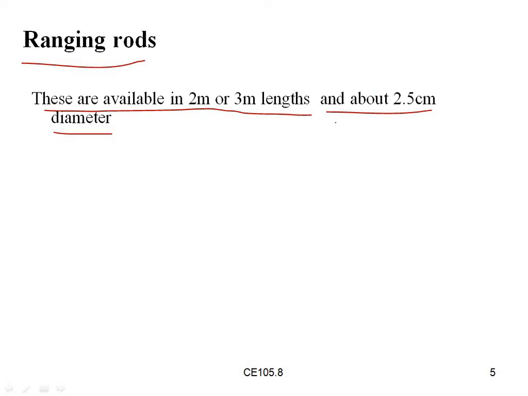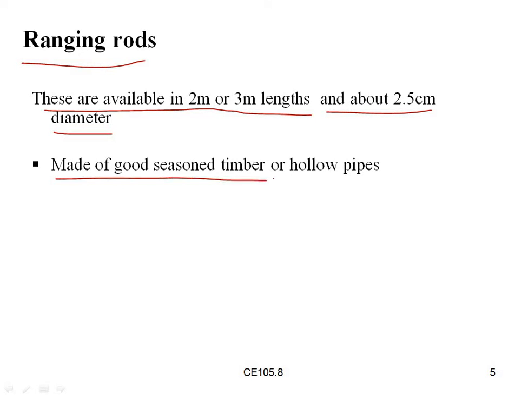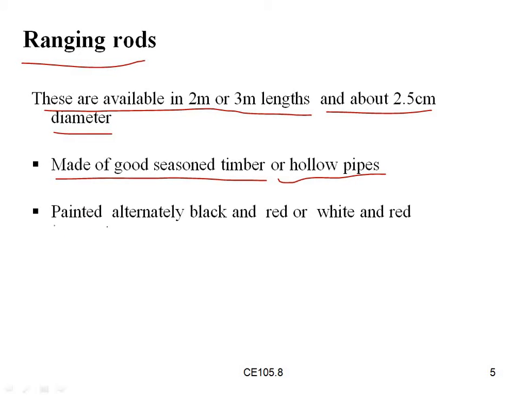These ranging rods are very important in chain survey, and they are made of good seasoned timber or hollow pipes. They are painted alternately black and red or white and red.